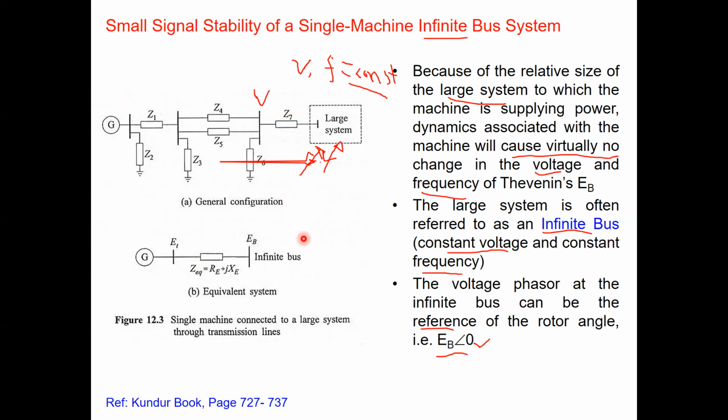Maybe you can say this quantity is either here or it may be at this bus. Doesn't matter. You only take into account this impedance, nothing else. So we can also say the infinite bus voltage is over here. That is the infinite bus representation in the equivalent circuit form.